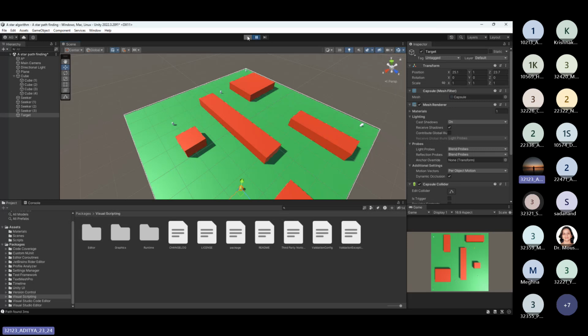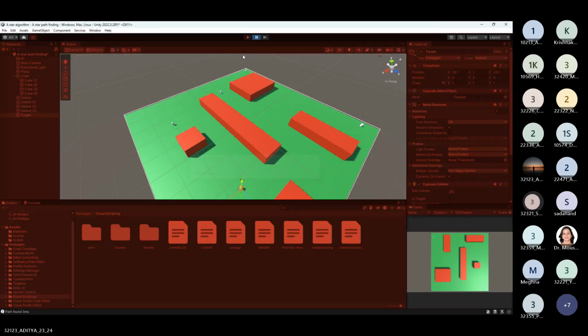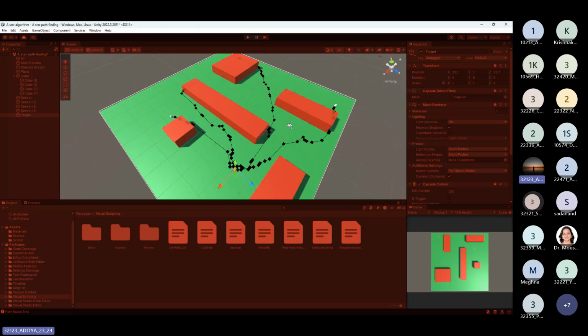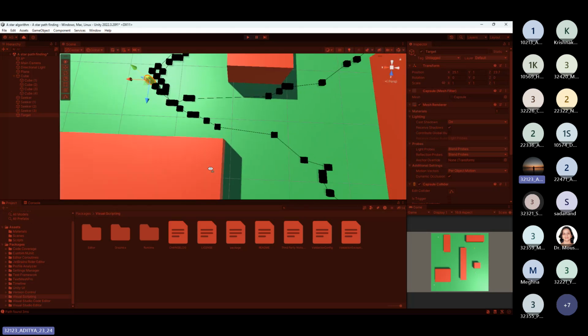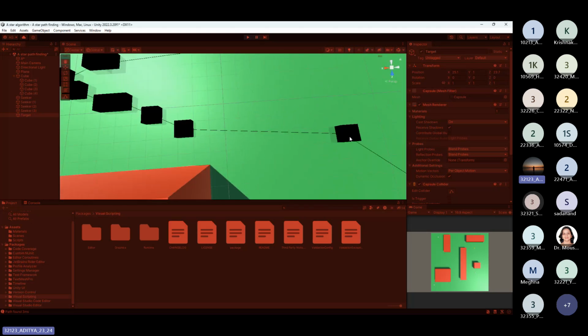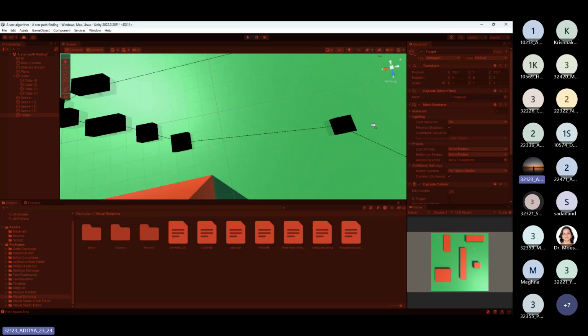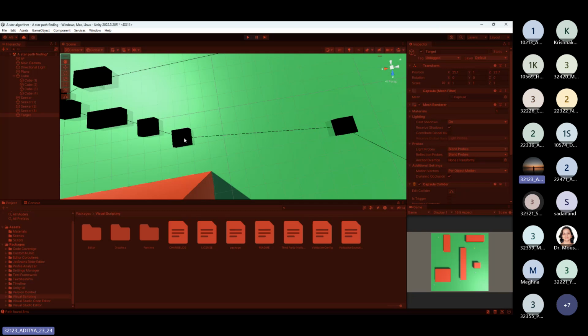So let's look at what I mean here. Whenever this path is calculated, as you can see, for example here, the game object would have to take only a very small change in direction rather than going straight here, taking a right and then going diagonally. So what the optimization does is check if the change in direction over a long period is not much.